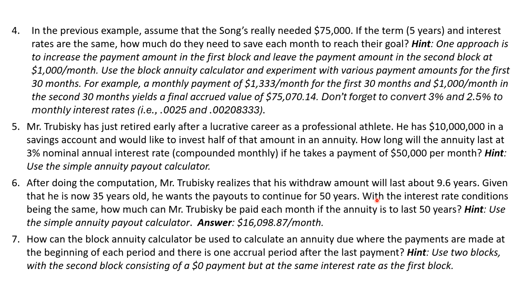So the question is, given the same interest rate, the 3% compounded monthly, how much would he be able to take out on a monthly basis if he extended this for 50 years? And if you use this calculator, you'll see it's around $1,698.87 per month. So quite a bit less, but on the other hand, he's getting it for 50 years.